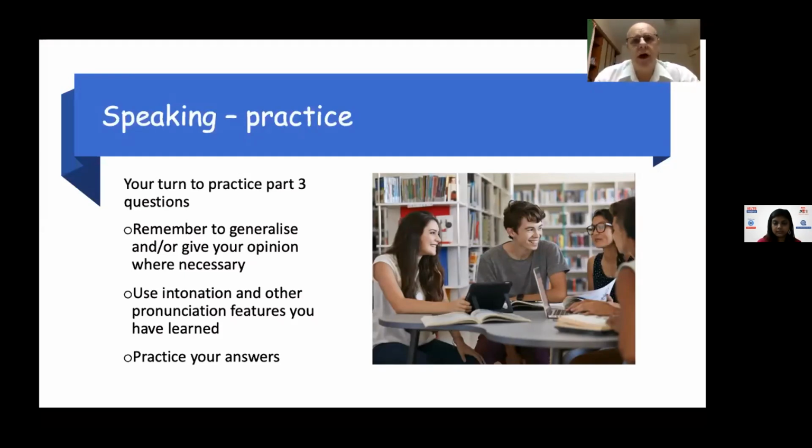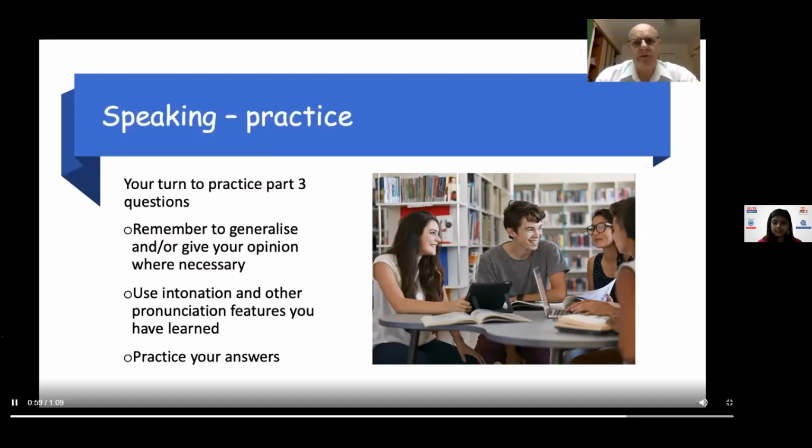We need to aim for about 30 seconds, 3 to 4 complete sentences. Don't forget also correct pronunciation. So put together all of the intonation, sentence stress, and other pronunciation features that you've learned throughout the course, and try and make your answers as good as possible. Good luck with that, and look forward to seeing you in Lesson 20. Bye for now.